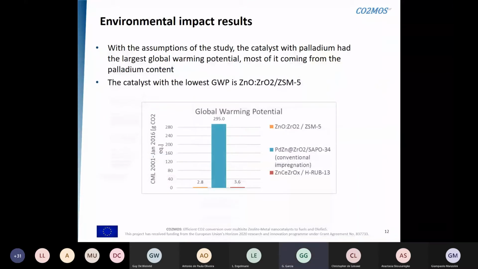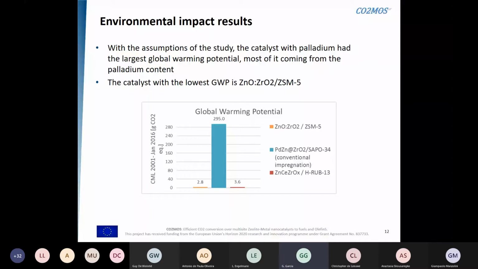And here we can see some of the preliminary results, and the catalyst with the highest global warming potential by far was the one with palladium. So the impact from the palladium catalyst was coming from the palladium content itself, and this is an upstream impact from the purification process, which is used to produce one of the intermediate palladium products.